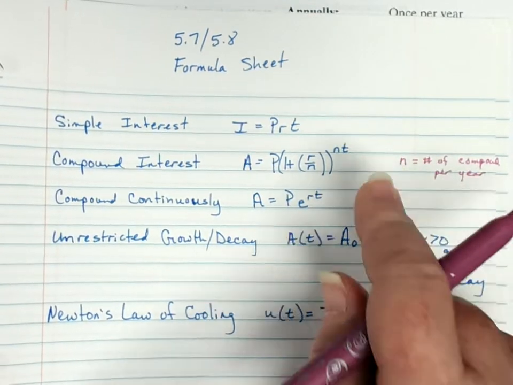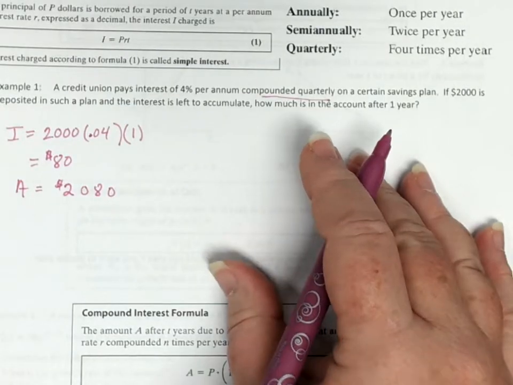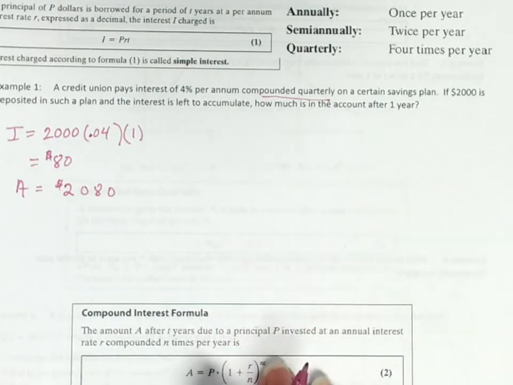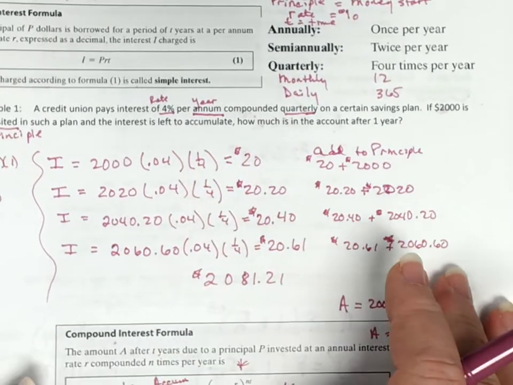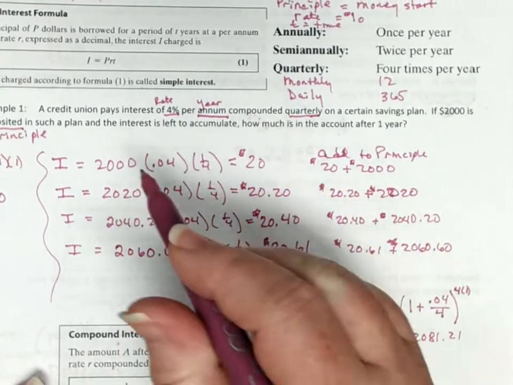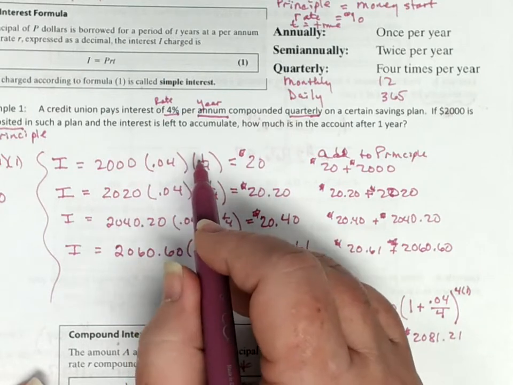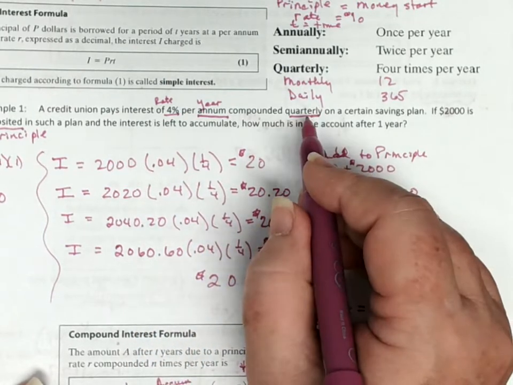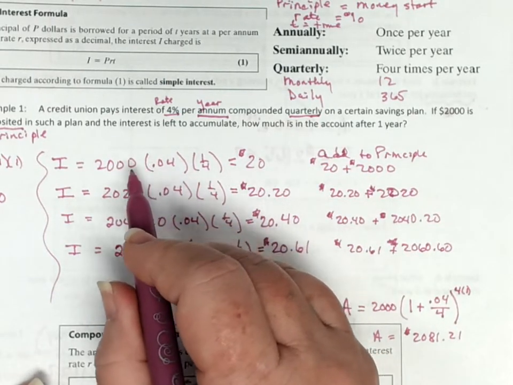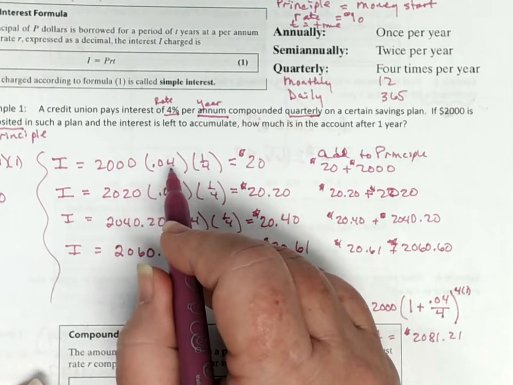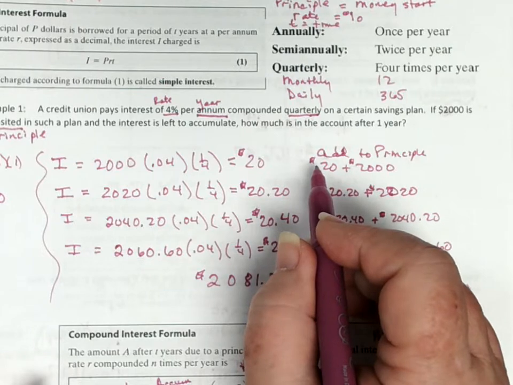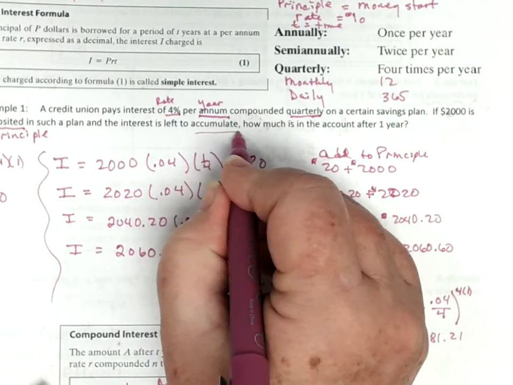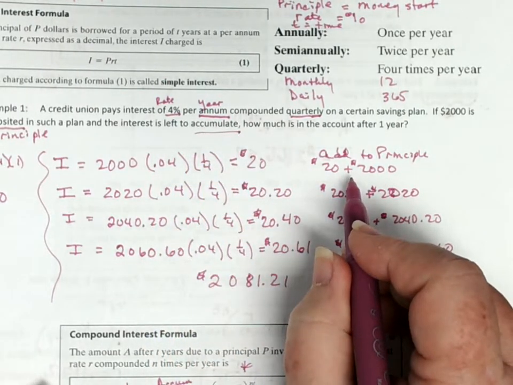So let's take a look and go back at this problem again and recognize why this formula is so important. I just did a little bit of work. I just want you to see how I compounded it long by hand. I used the simple interest formula for a quarter year at a time because it was compounded quarterly. So I said, okay, we've got $2,000. We get 4% for a quarter of a year. I earn $20. But then it says you're going to leave that to accumulate. You're going to leave that in the bank.